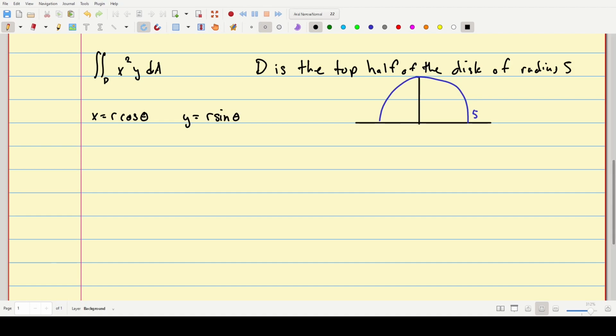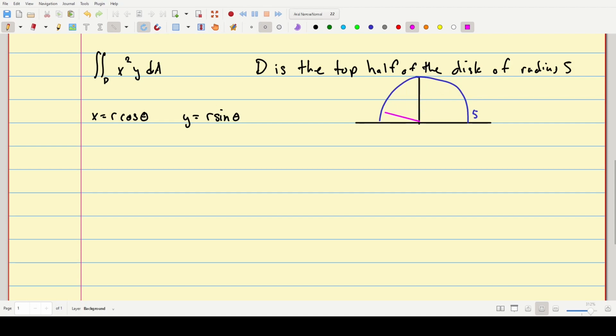All right, we have x equals r cosine theta and y equals r sine theta. Theta is the angle measure, so it's the rotational part. This is r, the distance away from the origin.